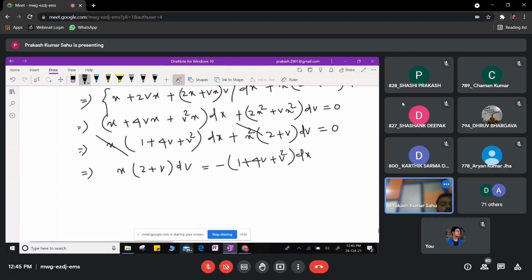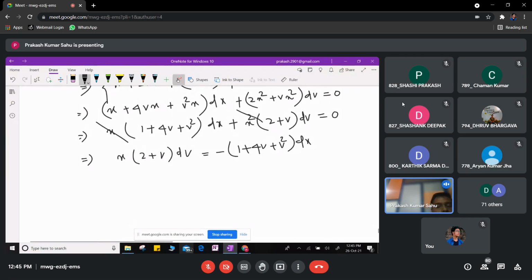I am taking v on the left hand side and x on the right hand side, because I want to separate the variables. So this becomes 2 plus v divided by 1 plus 4v plus v square dv is equal to minus dx by x. So now this is separable.